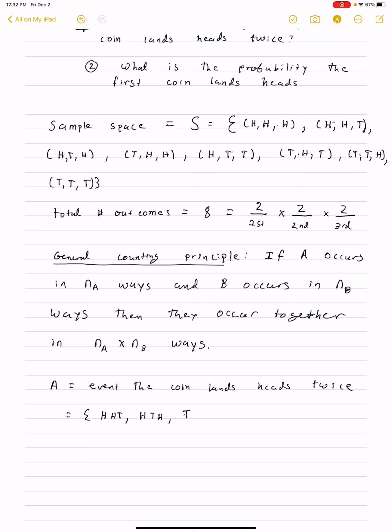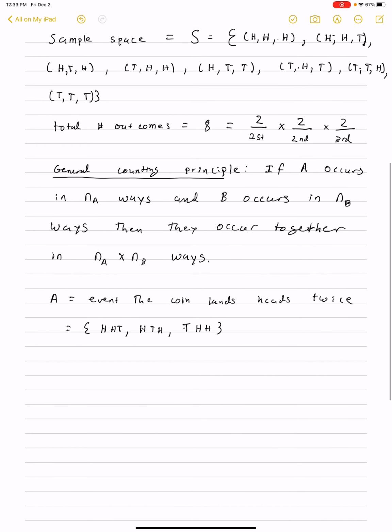And finally, tails, heads, heads. These are the three outcomes associated with the event, and so this is our set. A is, you should note, a subset of S, the sample space. The sample space being the set of all possible outcomes, of course A needs to be a subset of it.